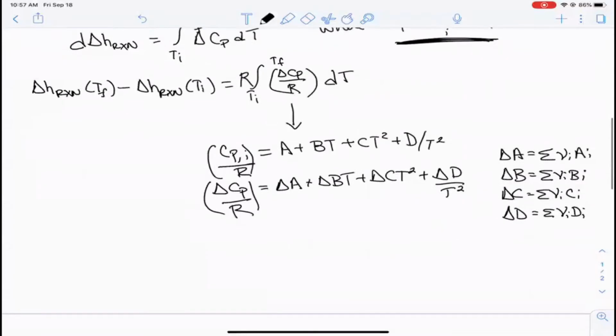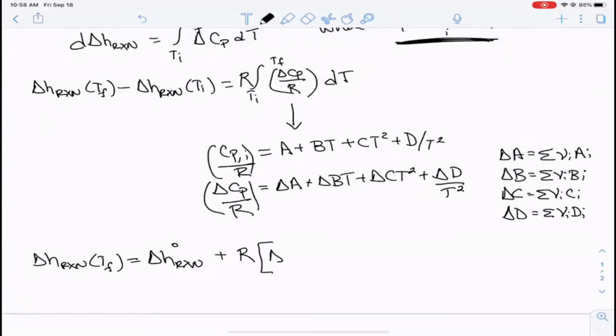And so if we insert that above, then delta H of reaction at T final is just equal to delta H of reaction at the standard temperature and pressure plus, and then we just do this integral, which we've done before. That's R times delta A times T final minus our standard temperature, right?